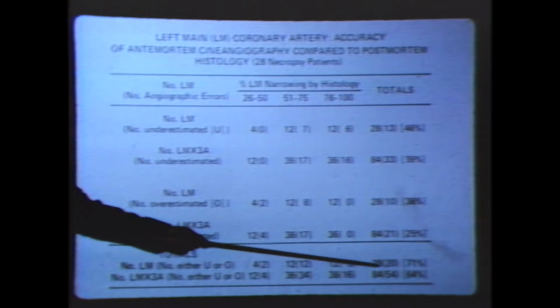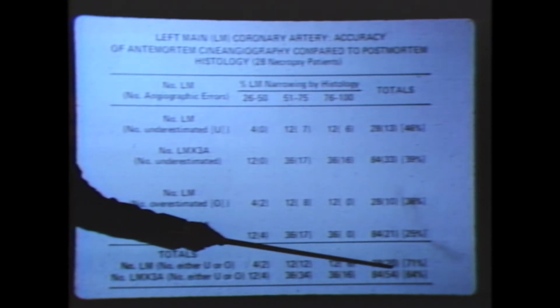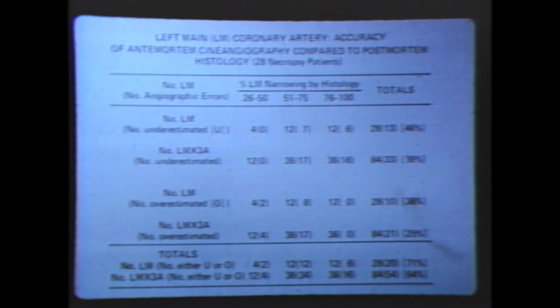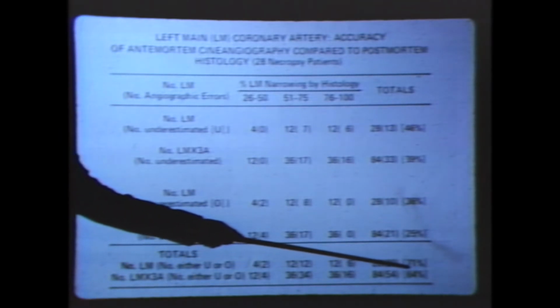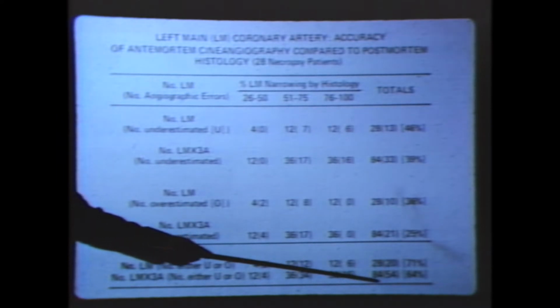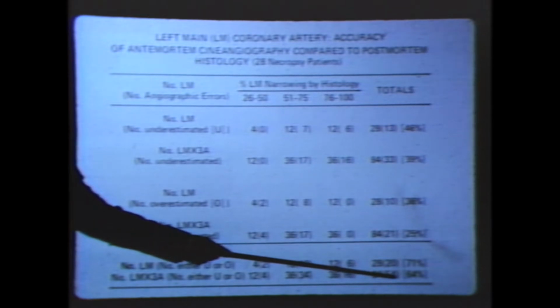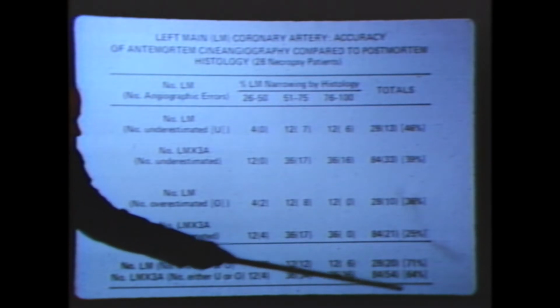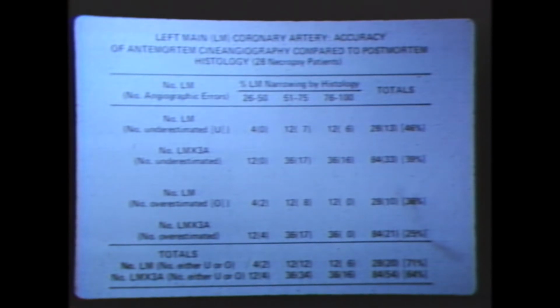Out of these 28 left main coronary arteries, 20 were either underestimated or overestimated in the amount of narrowing by 2 or 3 of 3 angiographers. That's a 71% error. Since there were 3 angiographers, we can multiply that by 3, 84 judgments. 54 of them, or 64%, were wrong, usually underestimates.